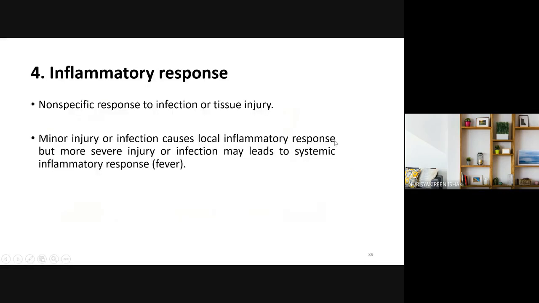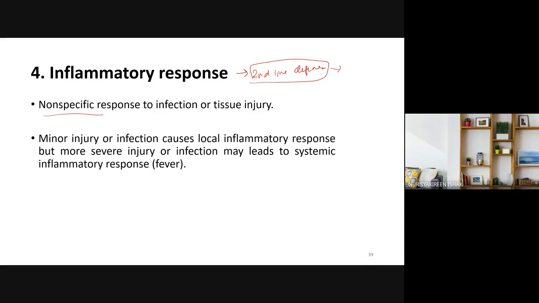Okay, so this is the fourth component of the second line defense. Okay, still on the second line defense, is the inflammatory response. Okay, so again, because it is second line defense, innate immunity, it is non-specific.